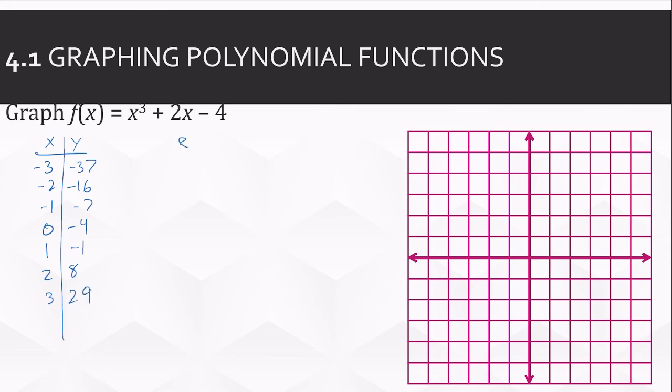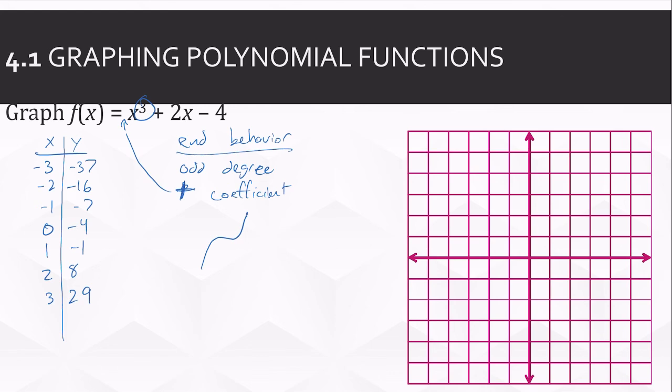Let's check end behavior. So I make sure it looks right. End behavior. It's an odd degree because the degree is 3. And it is a positive leading coefficient. So odd degree, positive leading coefficient, like that. Goes down on the left, up on the right.